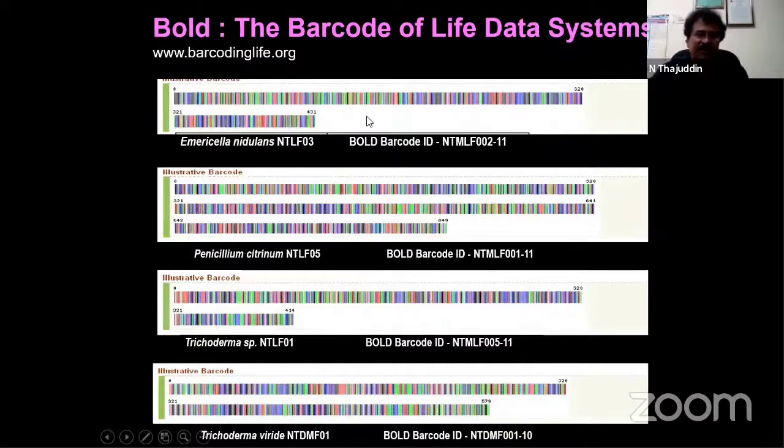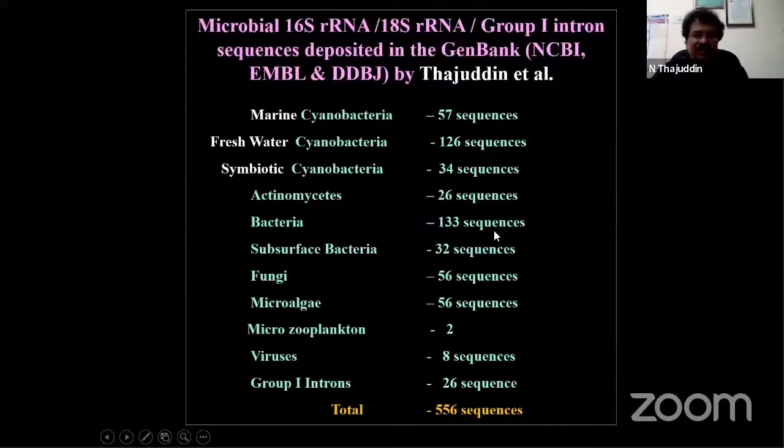So as a result of our molecular taxonomic studies, we made the 16S rRNA sequences of marine cyanobacteria, freshwater cyanobacteria, symbiotic cyanobacteria, actinomycetes, bacteria, and subsurface bacteria. It is a very interesting kind of work. The sequences are really unique, because when we saw the 16S rRNA sequences, there are continuously more than 20 A's, or 20 G's, or 20 C's in the 16S rRNA part.